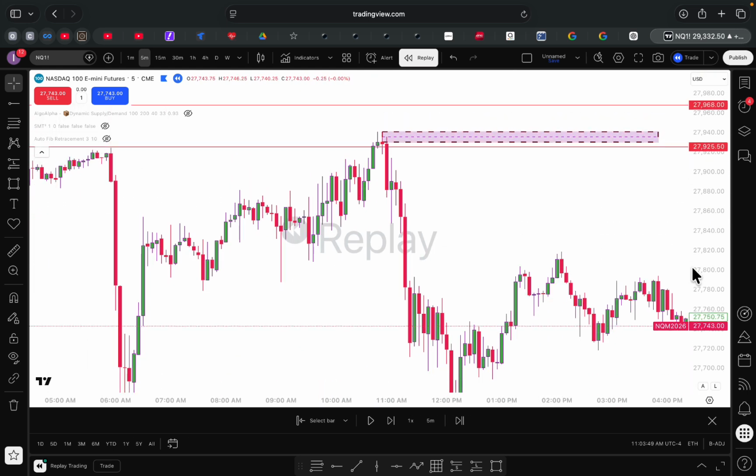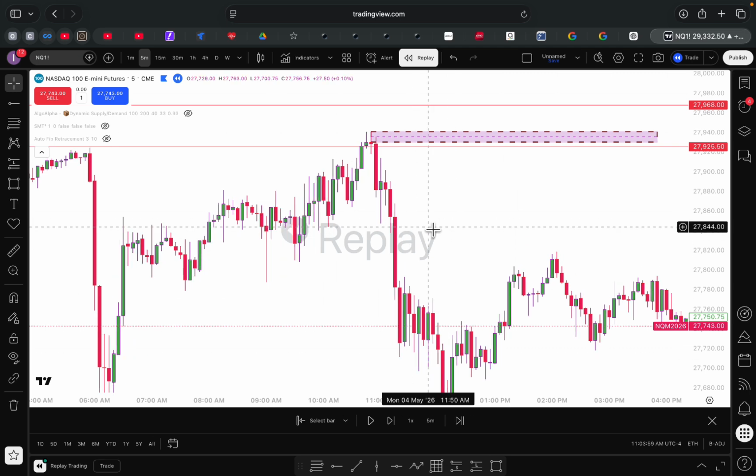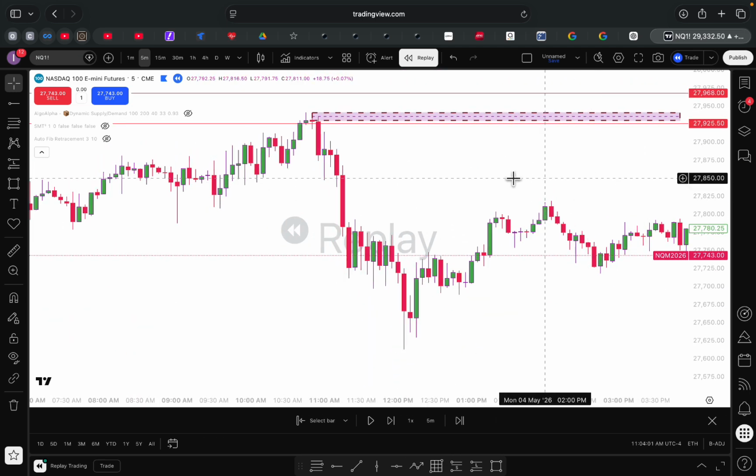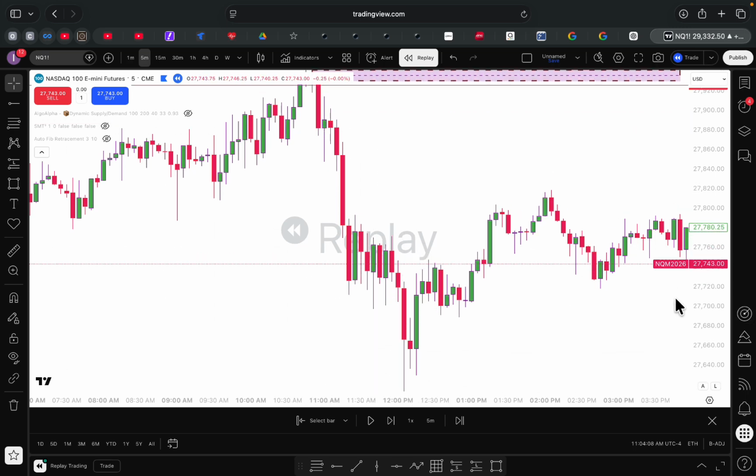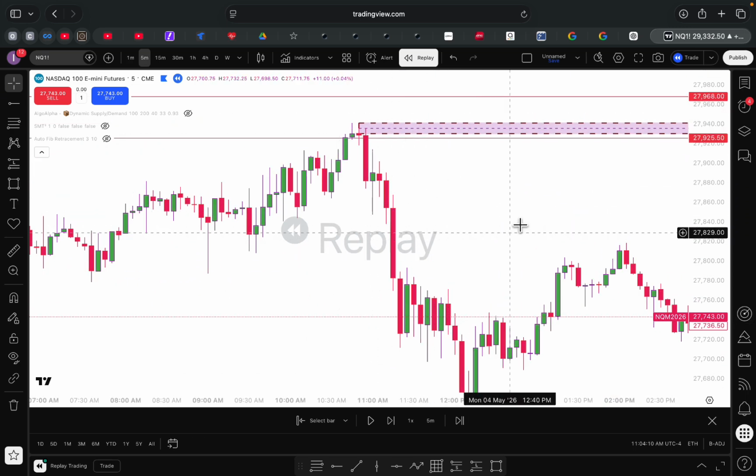And let's see, 933. This was over 200 points. So this was over a 200 point drop, and this was about an hour and a half. So this was my trade I took on Monday.